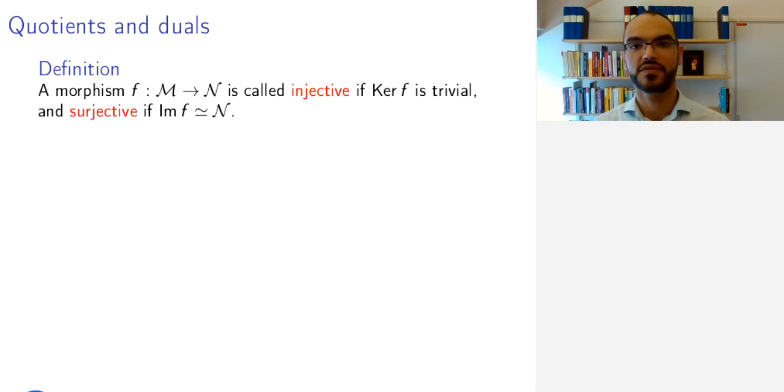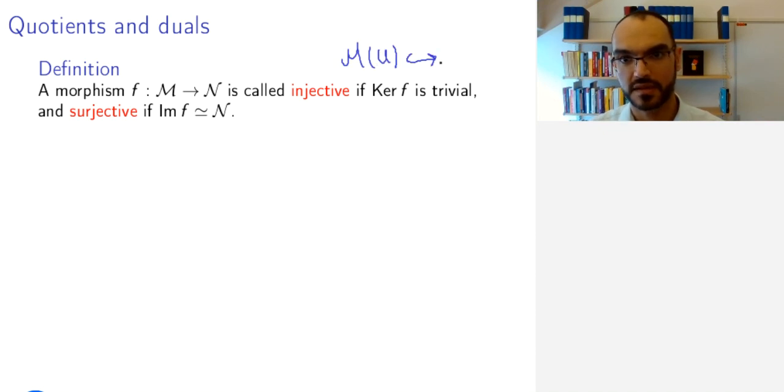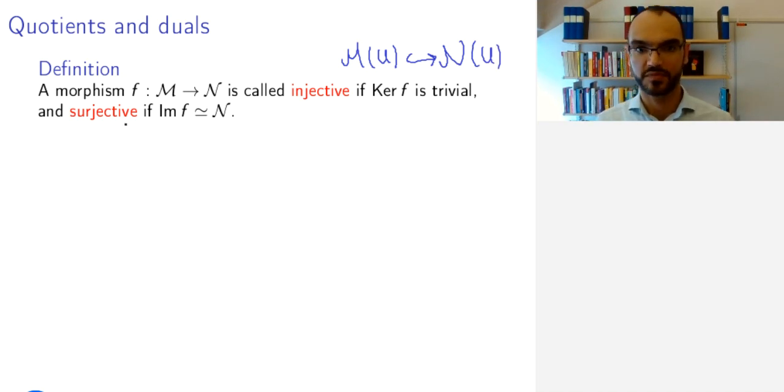So a morphism is called injective if its kernel is trivial, and surjective if the image is the whole target. So if it's injective, this means that M of U injects into N of U for each U. For surjectivity, one has to be careful because now the image is not the naive image.